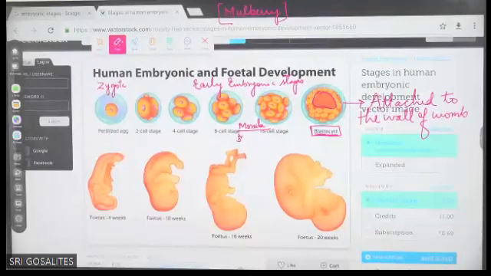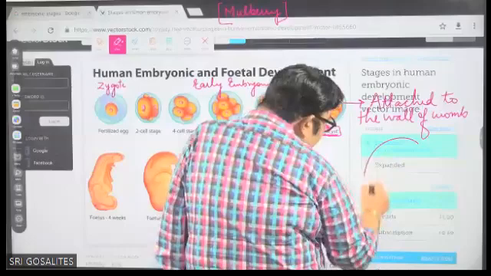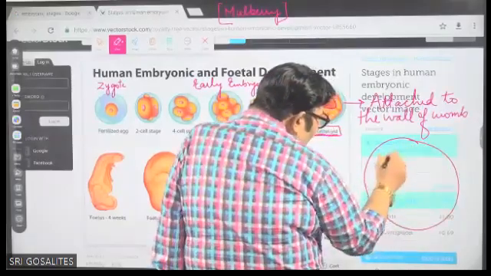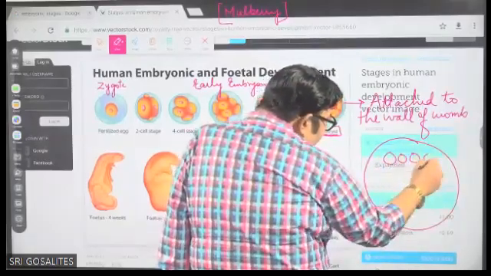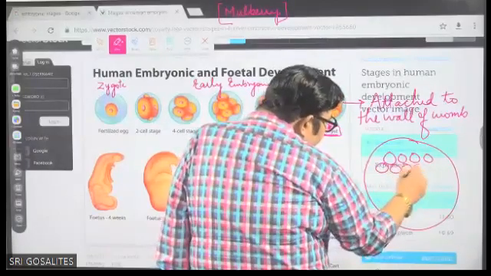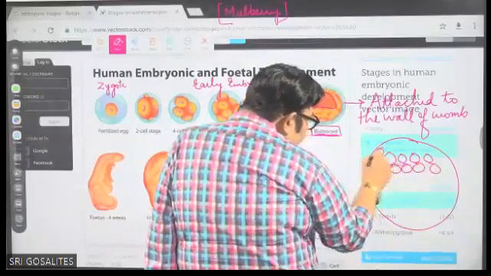This blastocyst stage is attached to the wall of the womb. Understand? Got it? After attachment, it starts growing further. Then a stage develops where all the cells are collected at one side and the cavity is on the other side.